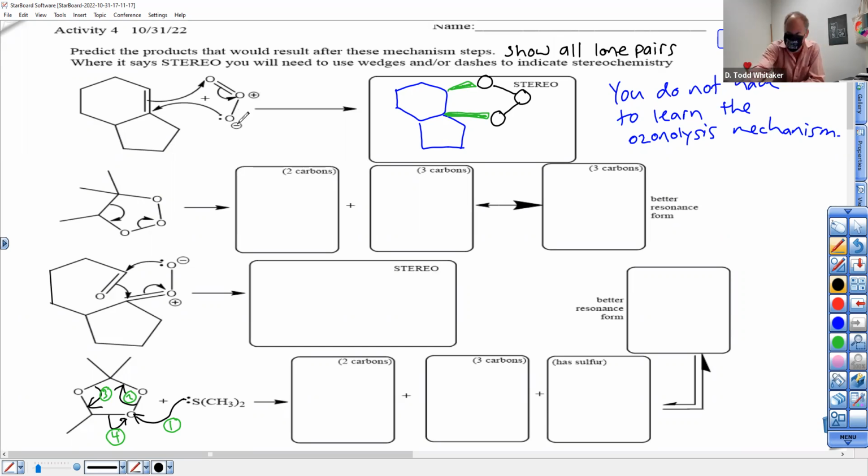If you do not know what makes an O minus, I need to know how many bonds it has and how many lone pairs, and I need it now. 3 lone pairs for an O minus and 1 bond. Okay, now you just used one of the lone pairs in the mechanism. Do you agree? It's right there. How many are left? She said I started with 3 lone pairs. How many are left? 2. Put them on.